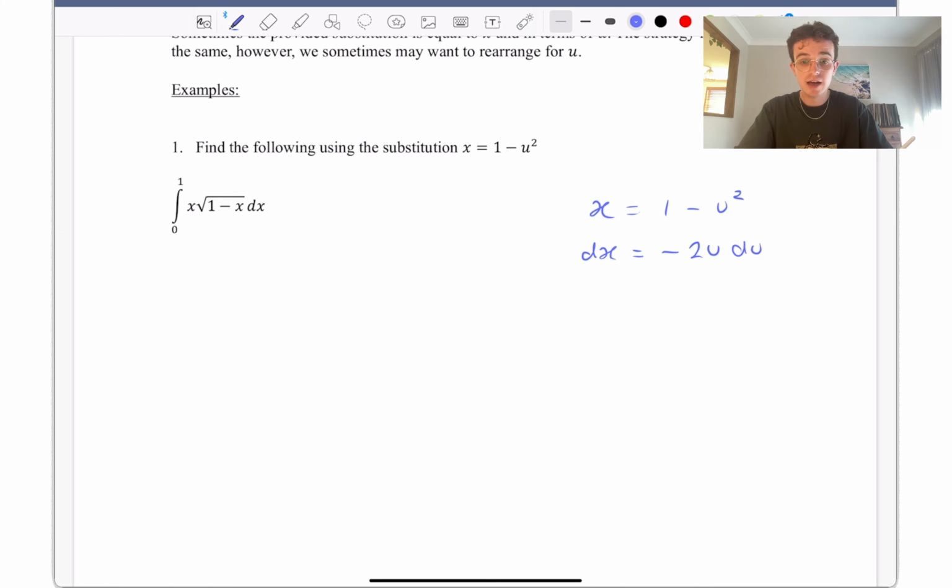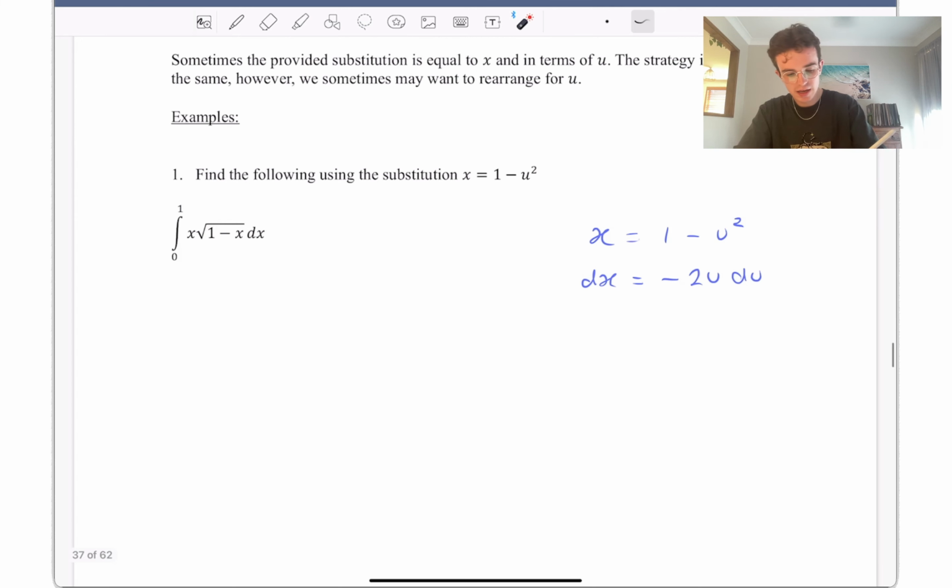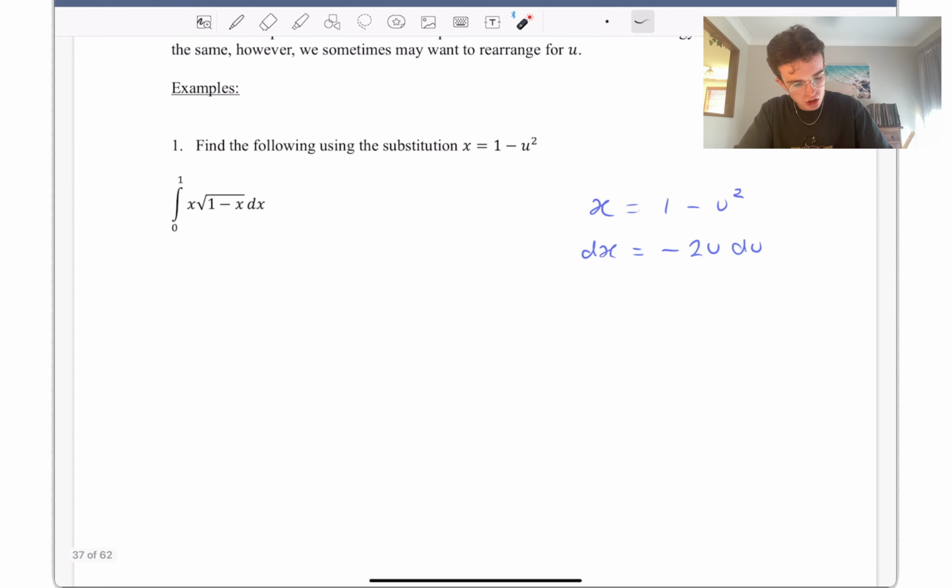What we do have to do is realize I need to substitute in something here, but I only have the value of x. So what I might do is say u squared, and we might say u is equal to the square root of 1 minus x.